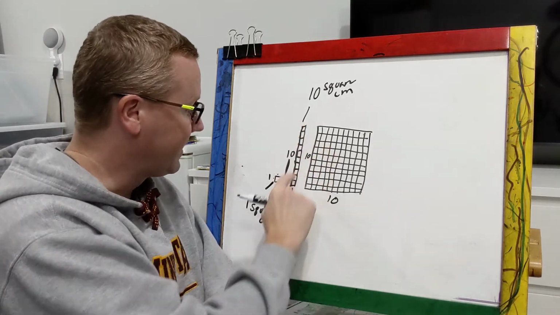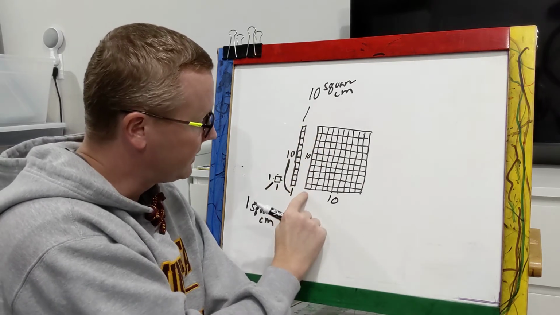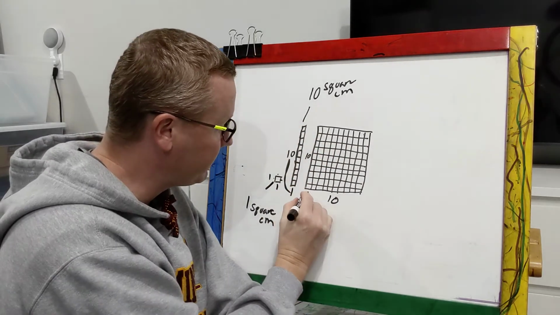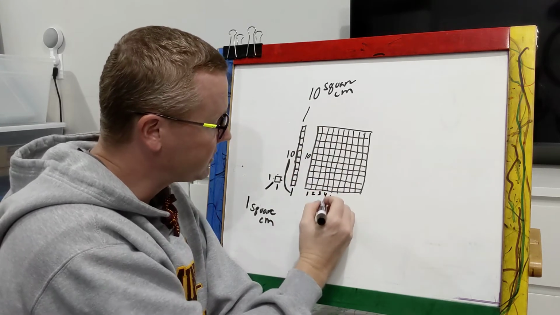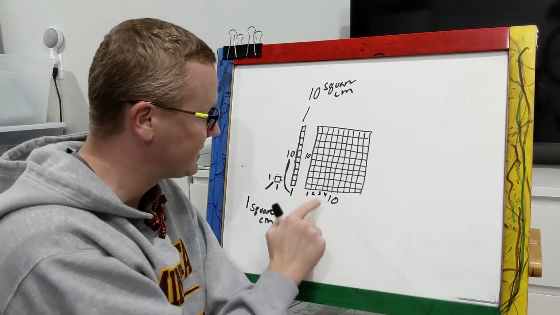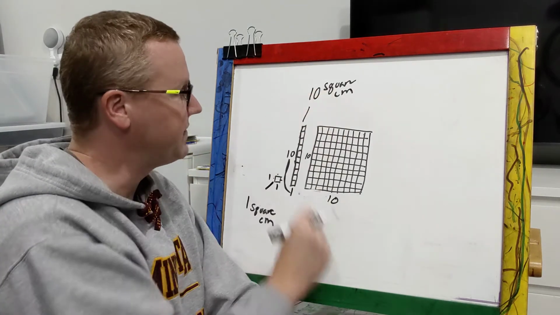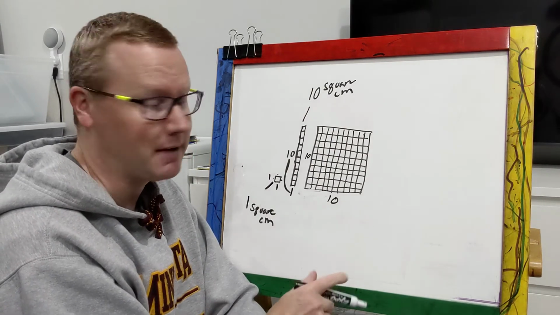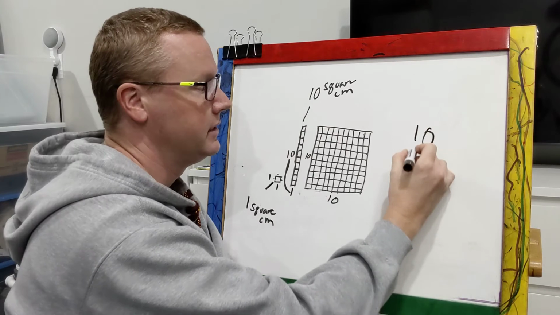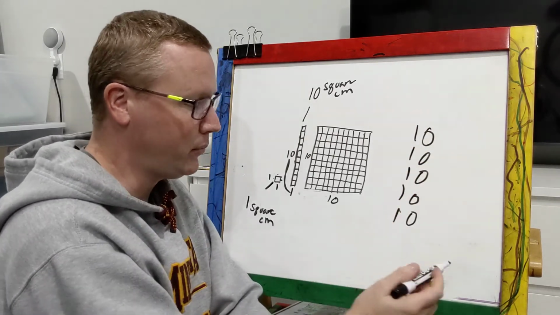I noticed that I have 1 strip right here. So I have 1 strip, 2 strips, 3 strips, 4 strips, all the way up to 10 strips. So if I have 10 strips and they each have 10 square centimeters in it, I can add those up 10 times. That's still pretty efficient.